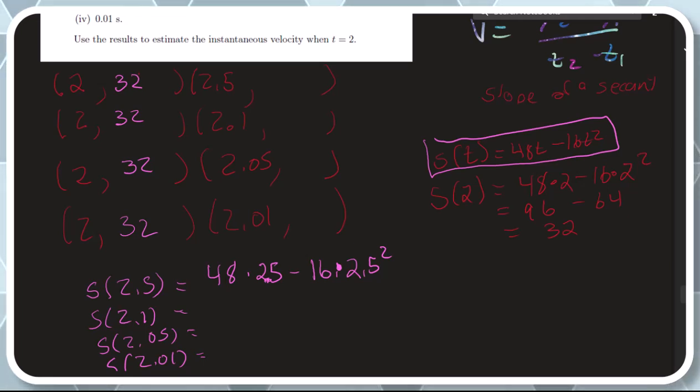And I get 20. And 30.24. For this one, I just plugged in 2.1 instead of 2.5 for t in 48t minus 16t squared. I'm just plugging in the time for t.